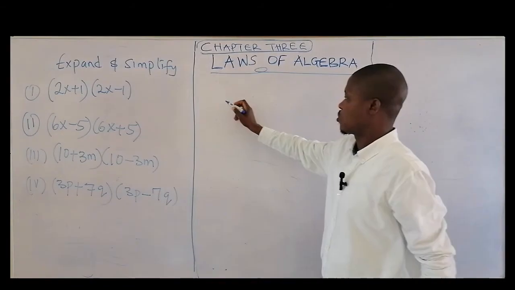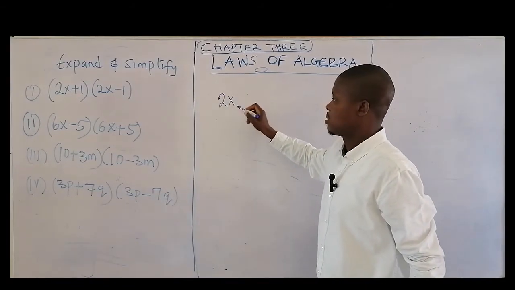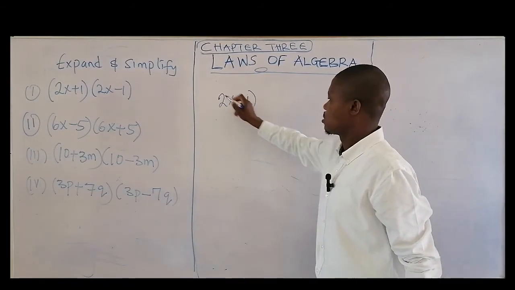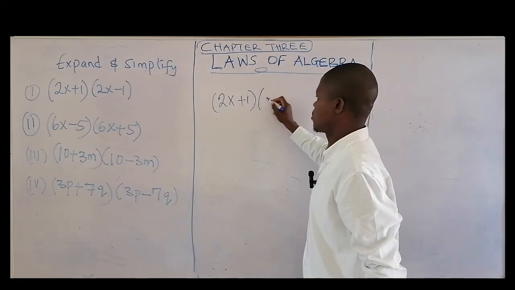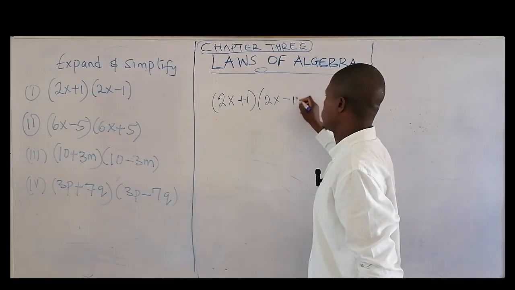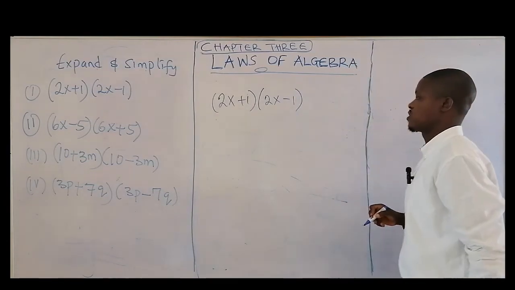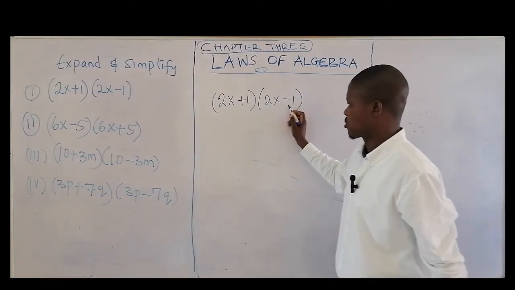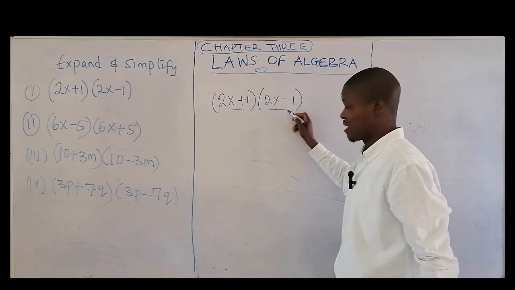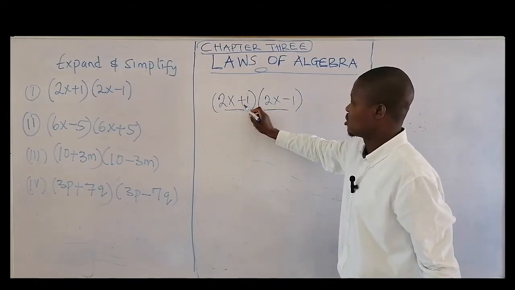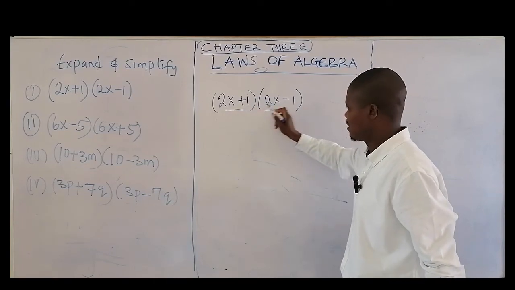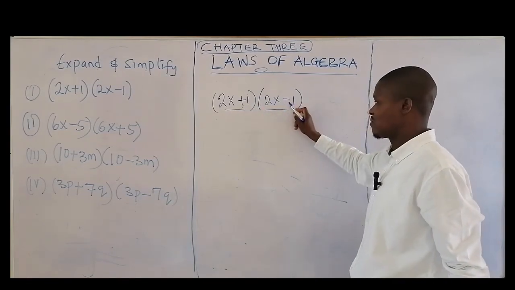We have this question 1: 2x plus 1, times 2x minus 1, to expand and simplify. If you check the two expressions, this is the same as this, but there is an opposing sign. This is plus, this is negative.